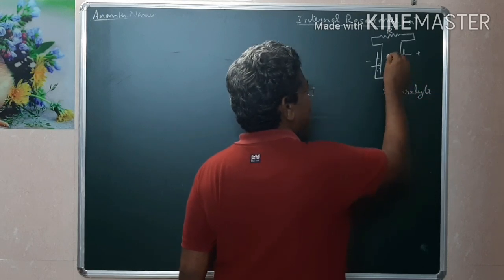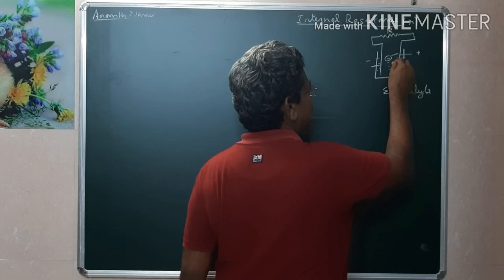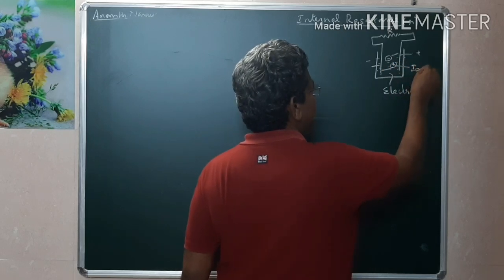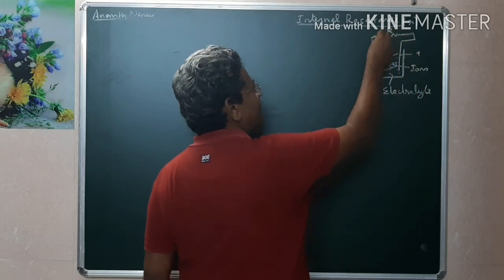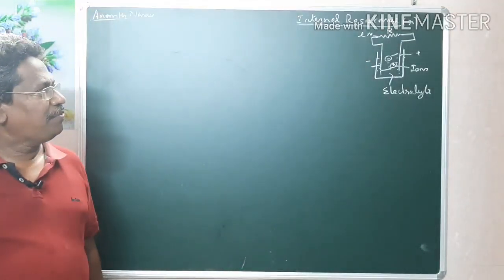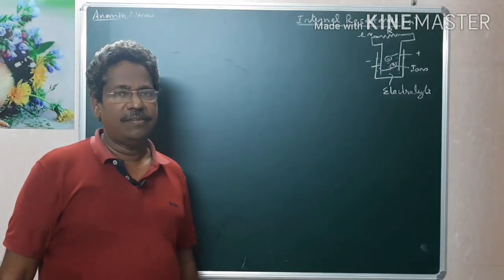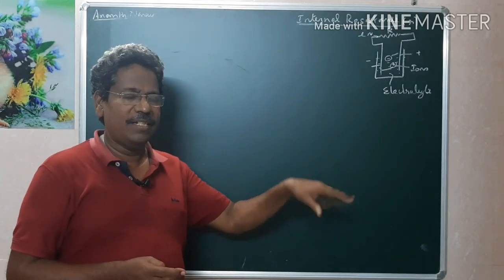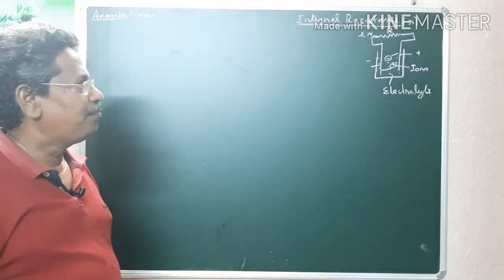In this case, the negative ion will move towards the positive plate and the positive ion will move towards the negative plate. That means the ions will migrate internally, and externally electrons will flow from the negative plate to the positive plate. Therefore, there are two types of flow: electron flow in the external circuit and ion flow within the cell.